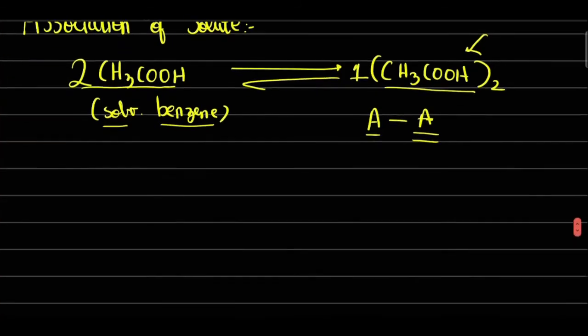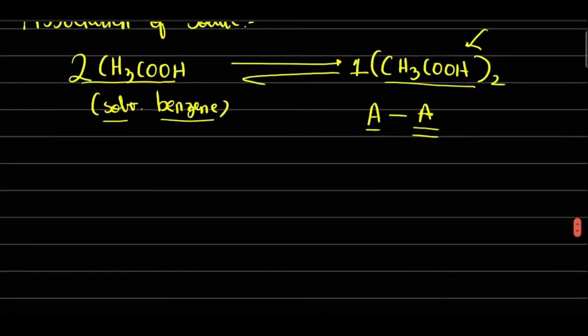So now let us write it in a general form as we did before for the dissociation of solute. We can write this as n amount of some substance A getting associated into An. So this is the way we can write association in a general reaction.